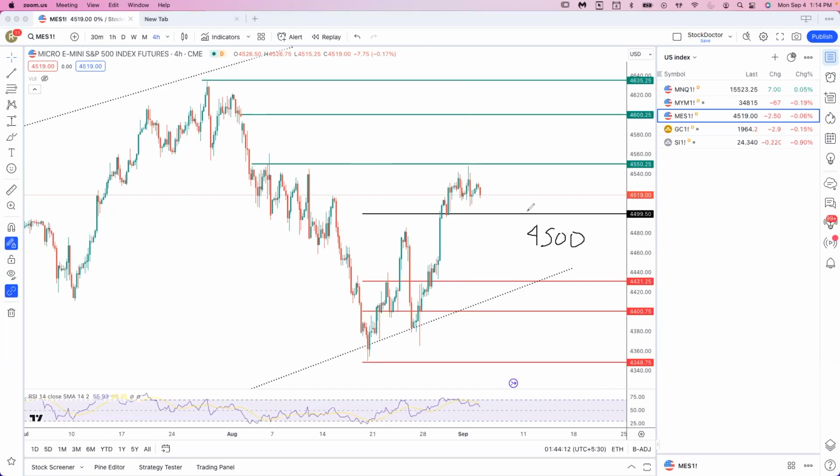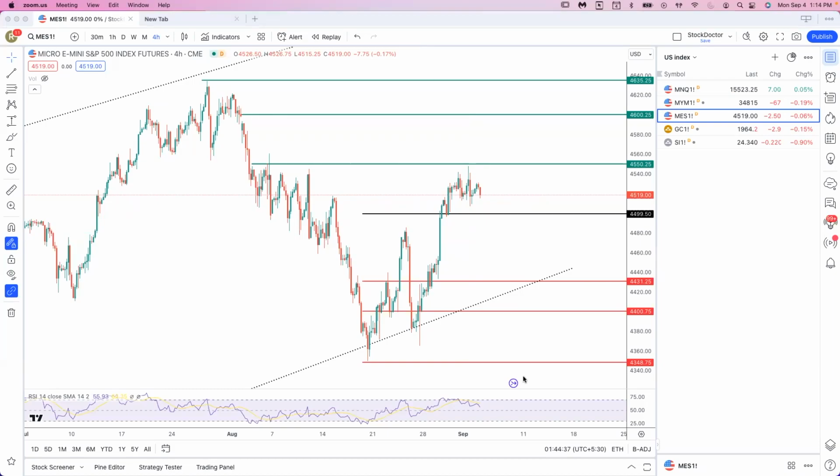If S&P 500 stays above that, then it can manage to go 4550, 4600, 4635. If it stays below 4500, then 4431, 4400, 4350. These are the three targets which I can see on the downside.